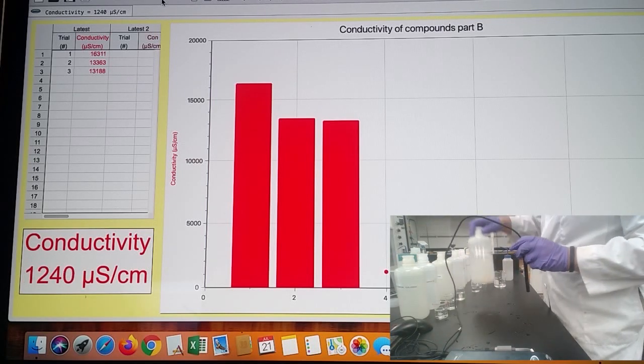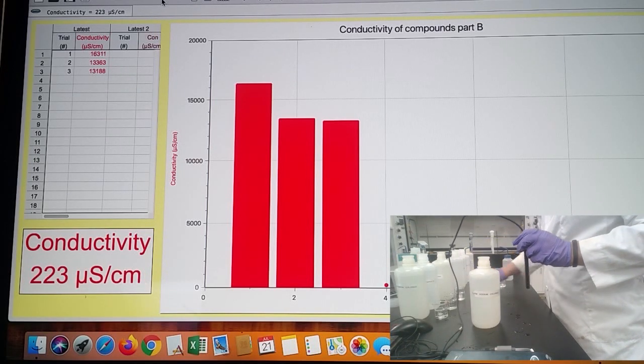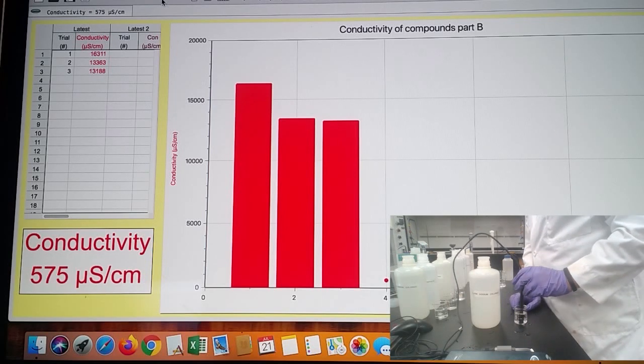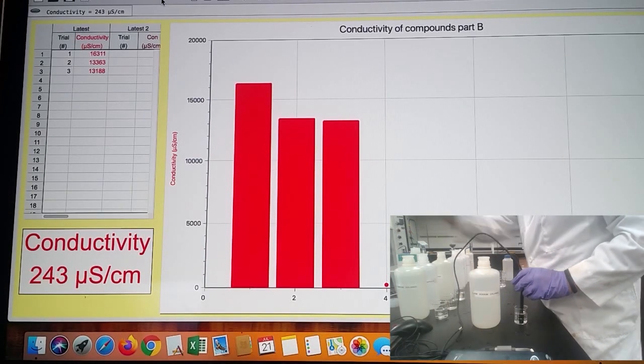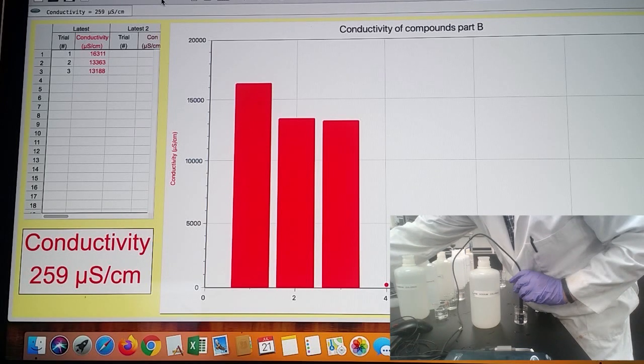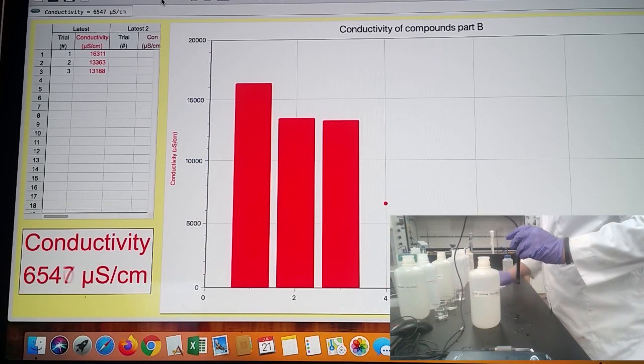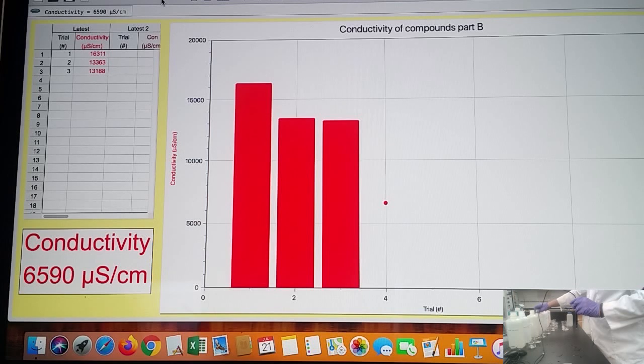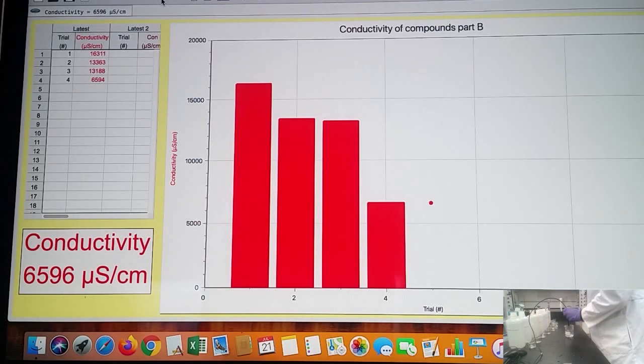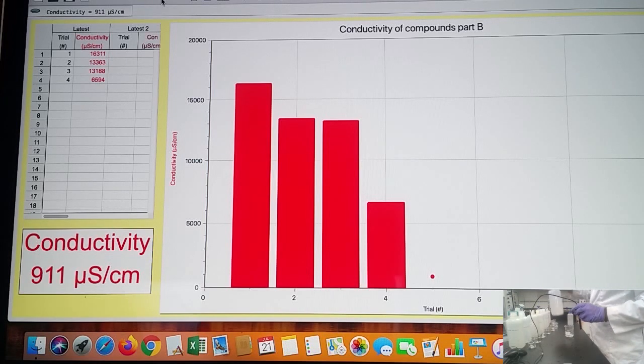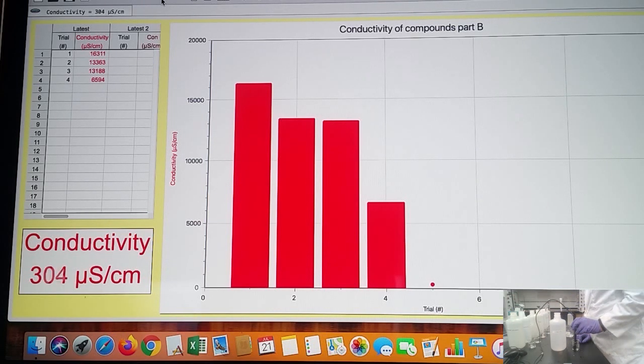Our fourth substance, sodium chloride. Our fifth substance, now we're switching to our acids. This is hydrochloric acid. So you can use this number to tell me whether or not it's a strong or a weak acid.